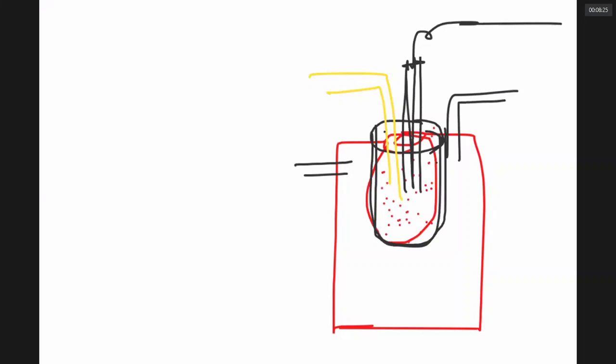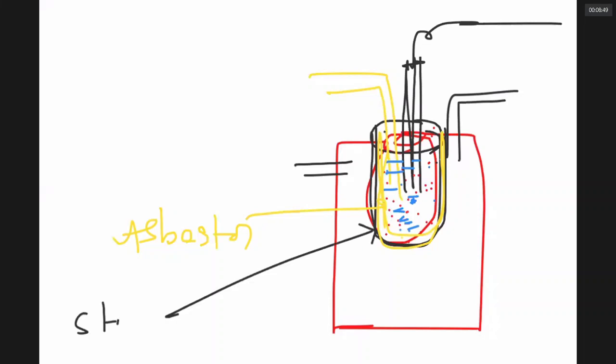These are very fine holes. If you are putting brine water inside, because these holes are closed with asbestos, water will not fall. But asbestos also has fine holes. It is a perforated steel container.